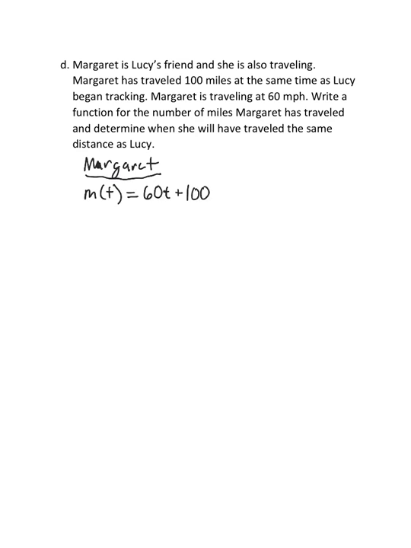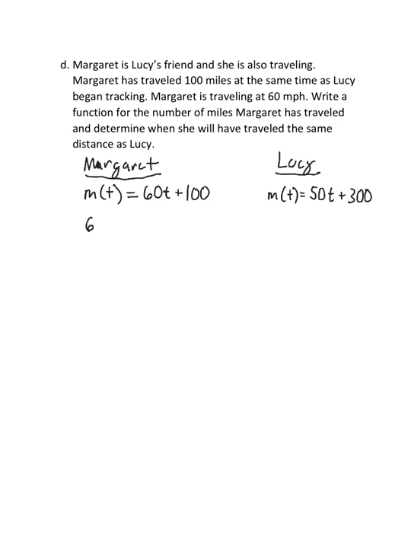So we have Lucy. Lucy's function is m of t equals 50t plus 300. And what do we want? We want these two functions to be equal because that will tell us when these two have traveled the same distance.